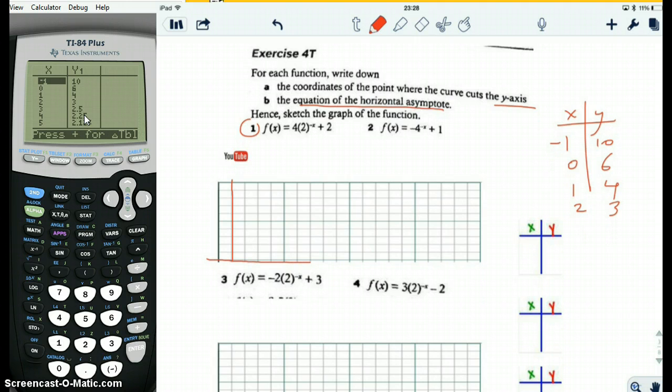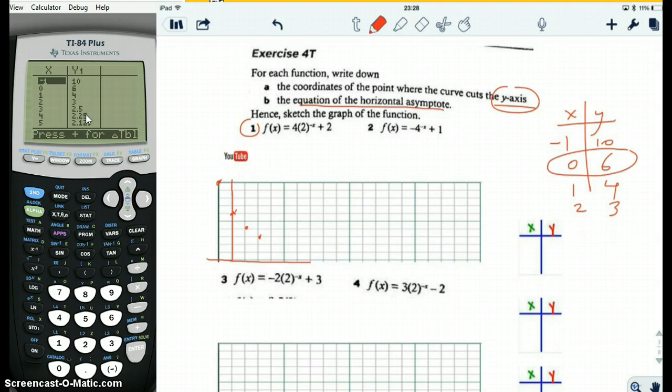Negative 1 comma 10 would be there. 0, 6 would be there. 1, 4 would be here. 2, 3 would be here. Okay. And then the y-intercept, where it cuts the y-axis, would be this point here. Okay, it would be 0, 6.